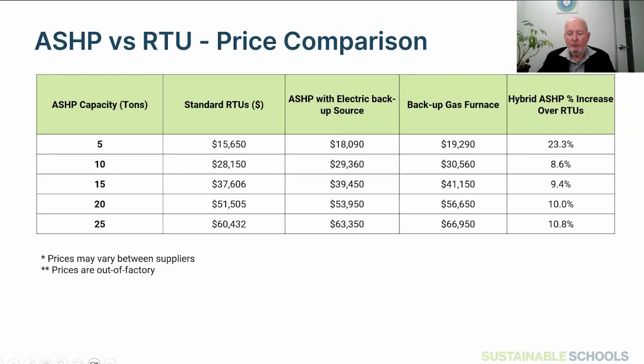And again, as Mark said, everything is very school specific. Every project is school specific. But we looked at a range of units here, and what we're seeing is that in terms of the equipment, you're typically an 8 to 10% cost premium for the hybrid unit.